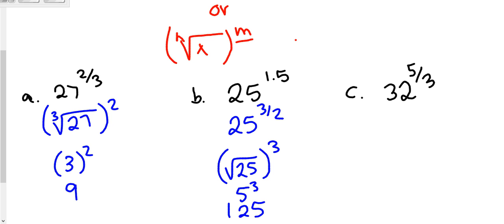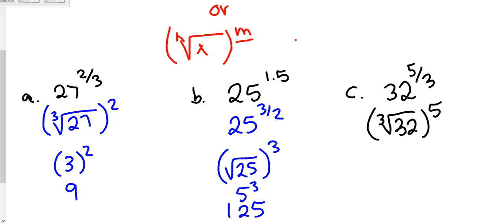It would be the cube root of 32 to the 5th. Now, you have to figure out if you can take the cube root of 32. Cube root means I need a number that is exactly the same that I can multiply 3 times and get 32.